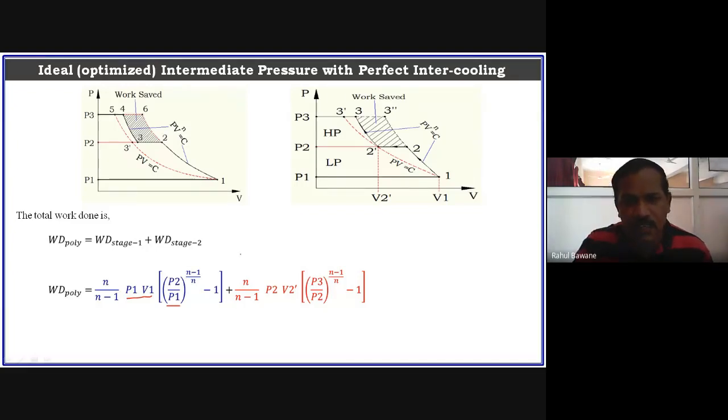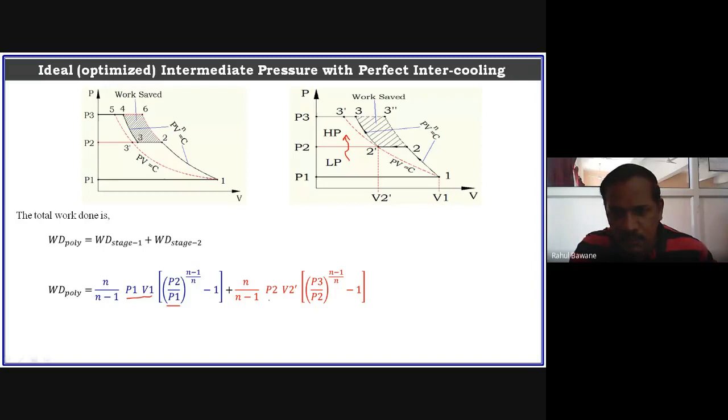After compression in the LP cylinder, the air enters the HP cylinder. In the HP cylinder, again polytropic compression takes place. But this time, what is the intake of the HP cylinder? The intake of the LP cylinder is P1 V1. The intake of the HP cylinder is pressure P2 and volume V2 dash.